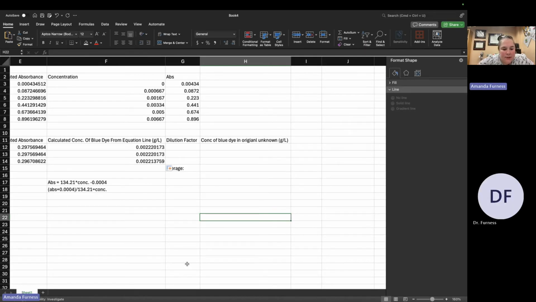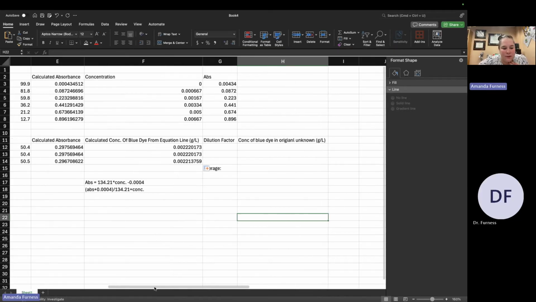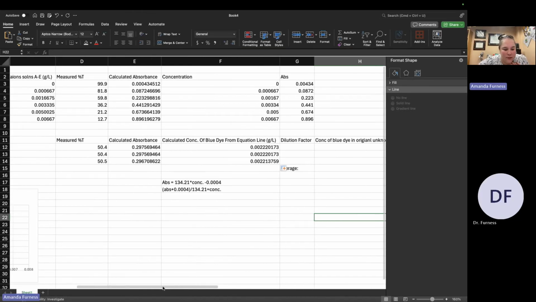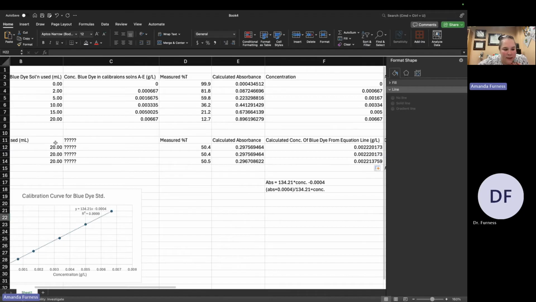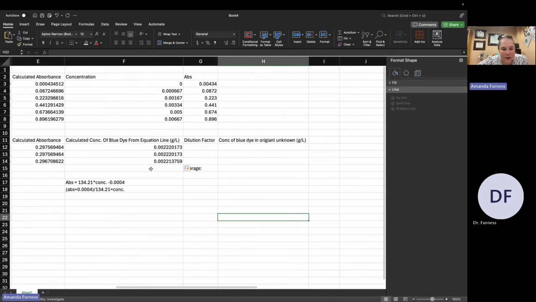Then the next thing that we need to do is account for the dilution factor. Because we took 20 milliliters of the unknown stock solution and diluted that to 200 milliliters, the actual concentration would have some dilution factor associated with it.